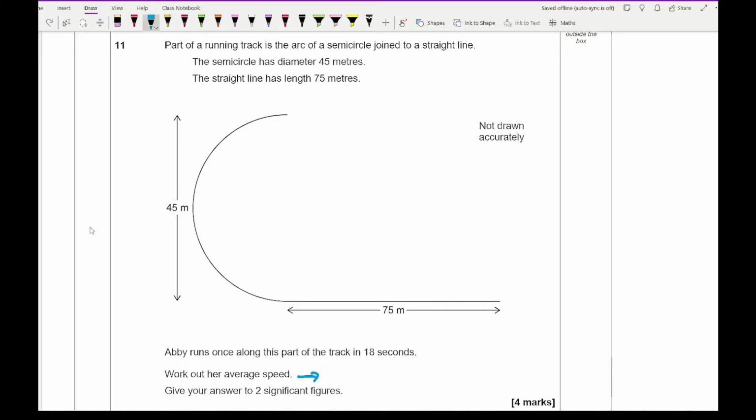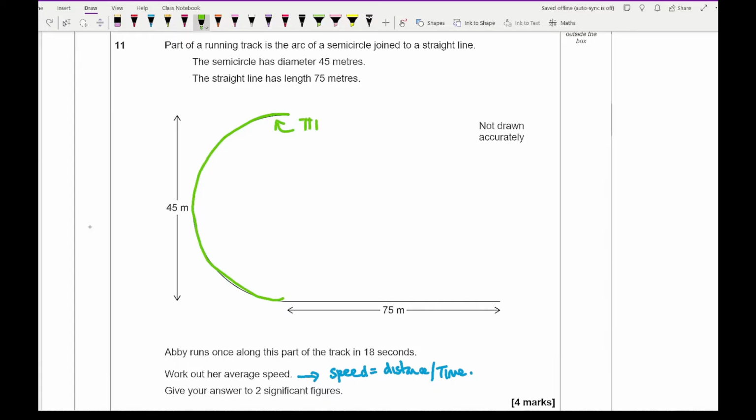Now in terms of average speed, speed equals distance divided by time. So I need to work out the distance of the track. If I look at the track in two different sections, this section here is a semicircle.